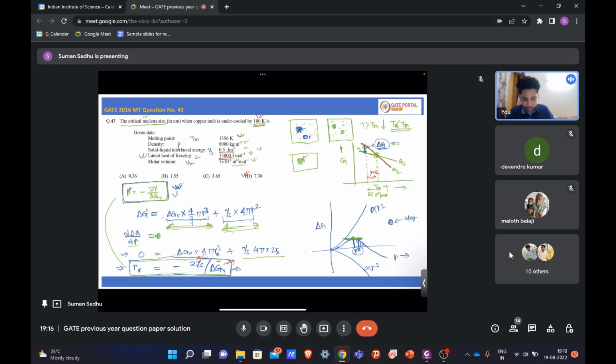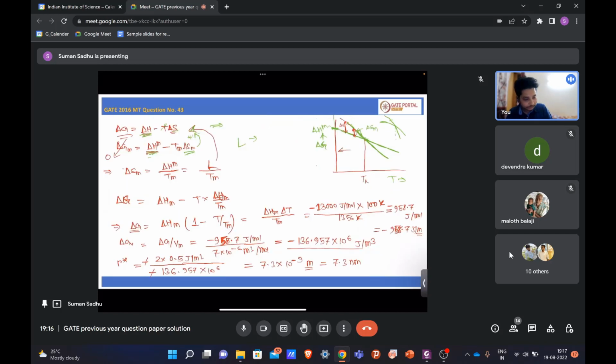So now you have to calculate R star. So gamma s is given, but delta Gv is not given. So you have to find out the delta Gv. So what is delta Gv? I have already mentioned that this distance is delta G. And this equation is delta G is delta H minus T delta S, right?